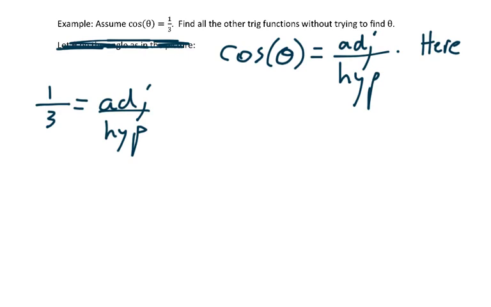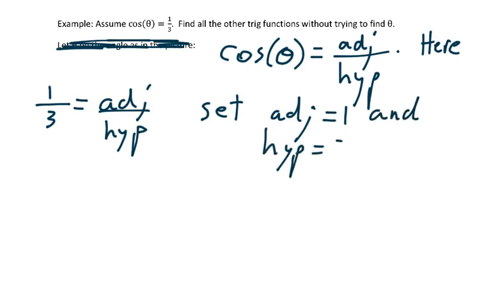Now, to figure out what the other trig functions are, I'm going to set the adjacent side to be 1, and I'm going to set the hypotenuse to be 3.